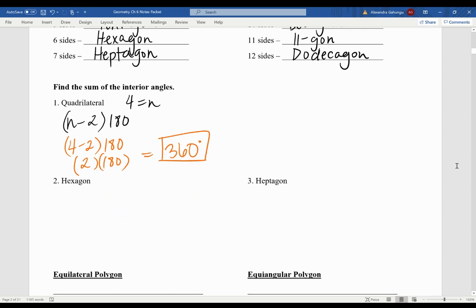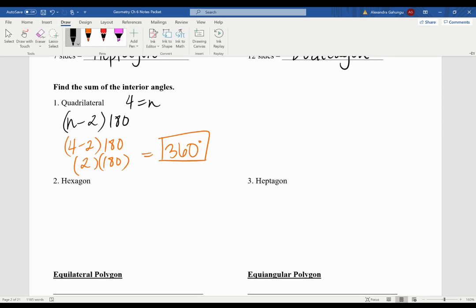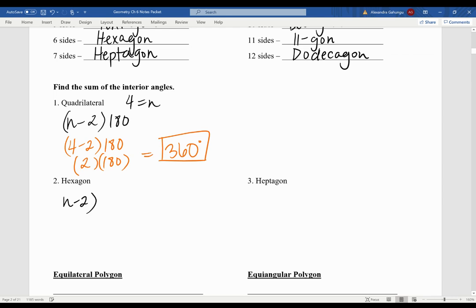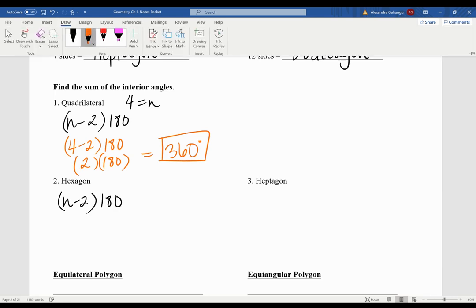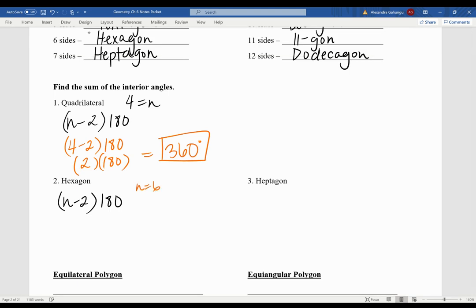Next, we'll do the hexagon. It's still going off of the n minus 2 times 180. A hexagon has 6 sides, so n is equal to 6. We get that info from the name. So it's 6 minus 2 times 180, so we'll get 4 times 180.